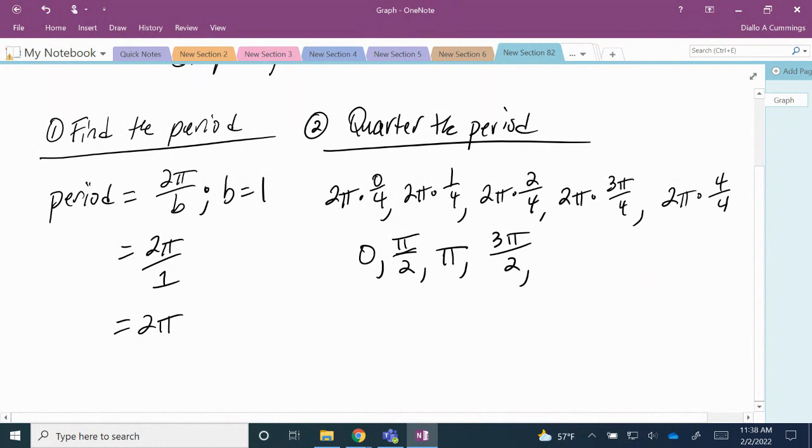And then lastly, 2 pi times 1 is 2 pi. So here we have the values when the period is quartered. Notice we're multiplying by 0/4 through 4/4.